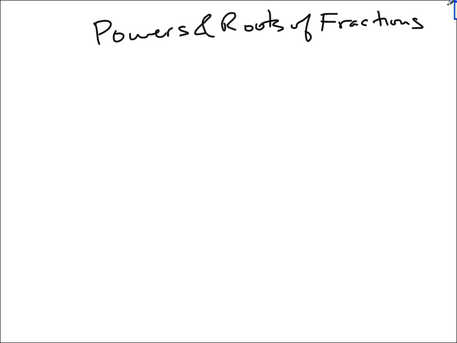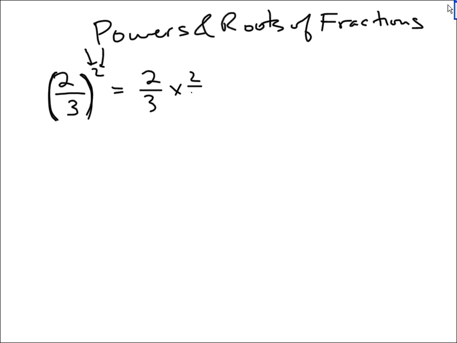If you were asked to compute 2/3 squared, what's in the brackets is the base, and I'm going to multiply it by itself 2 times. Of course, I'm going to get 2 times 2 is 4, and 3 times 3 is 9.